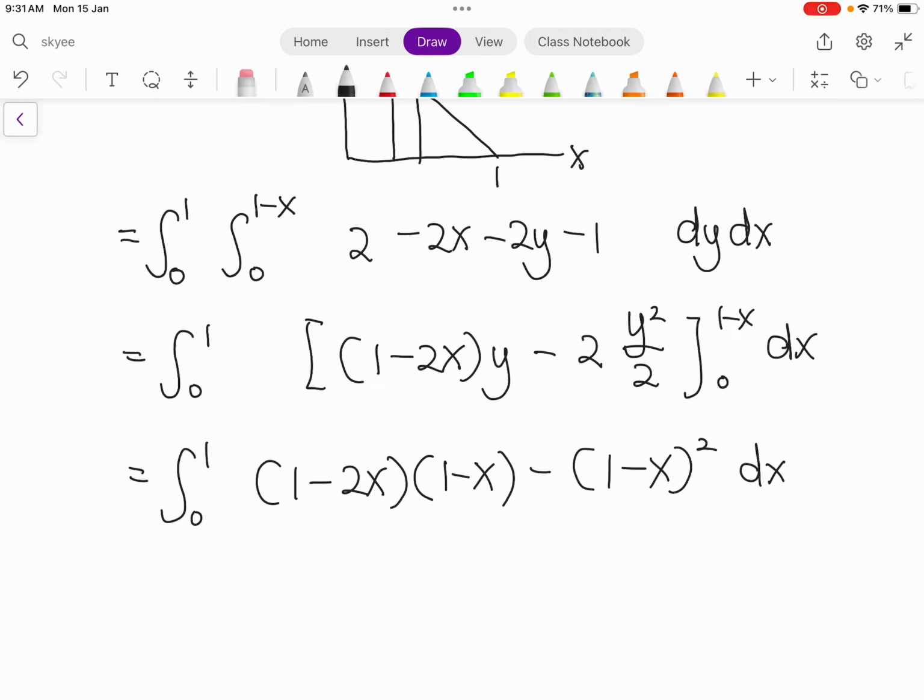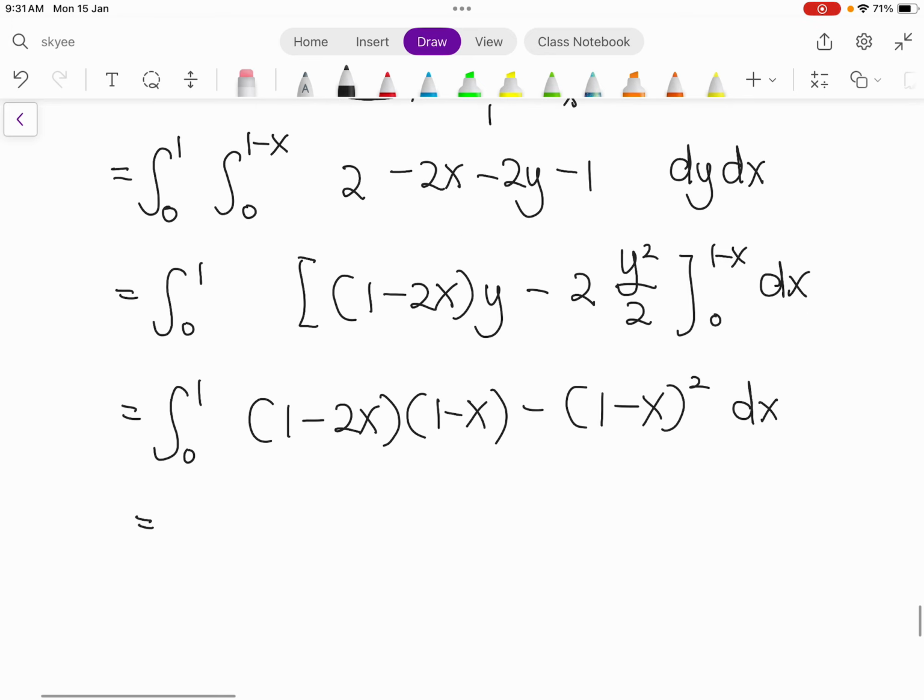From 0 to 1. Let me confirm again. It equals negative 0.37. Let me see the answer. 1/6.